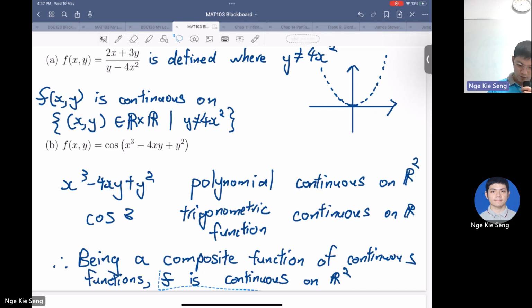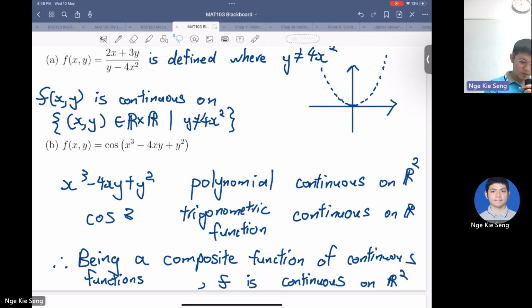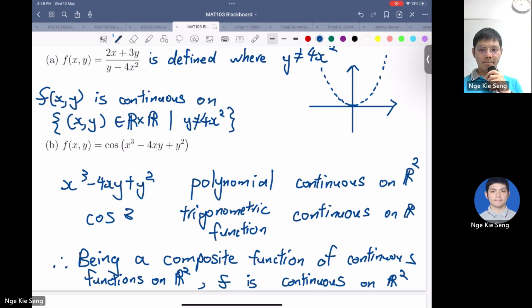Let me move this. Maybe I can put more detail here. So being a composite function of continuous functions on R2, f is continuous on R2. Any question?